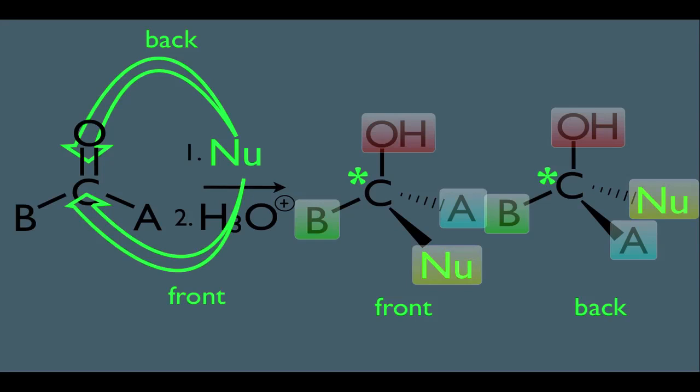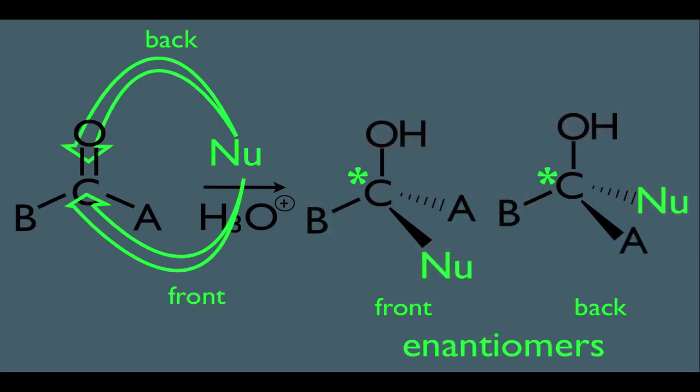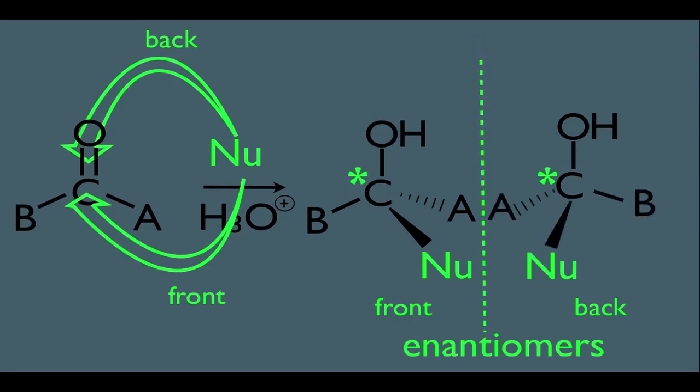What we want to understand here is that since carbonyls can be attacked from either side, what you end up getting is a set of enantiomers. Now, you might not see that here, but if I rearrange the product on the right and turn it around like this, you would actually see that these two compounds are mirror images of each other. Remember, that means they therefore must be enantiomers.